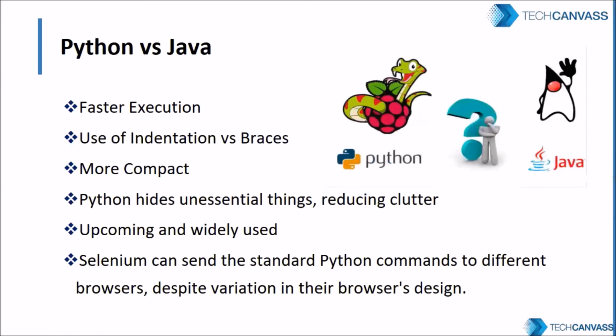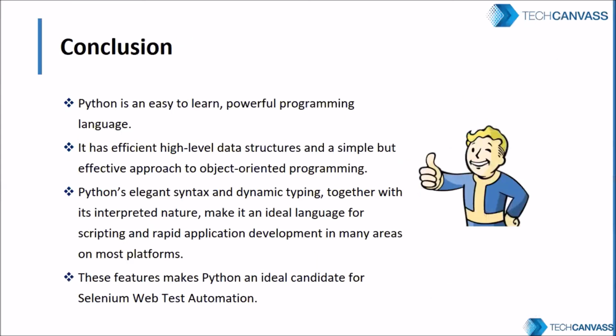Python is an upcoming language and is very widely used, and Selenium can send standard Python commands to different browsers despite variation in browser design. So we can easily send standard Python commands from Selenium to various browsers. This is also one of the advantages of using Python over Java.